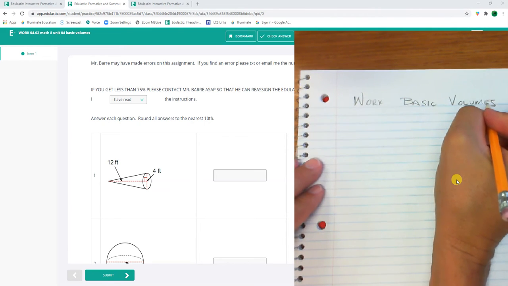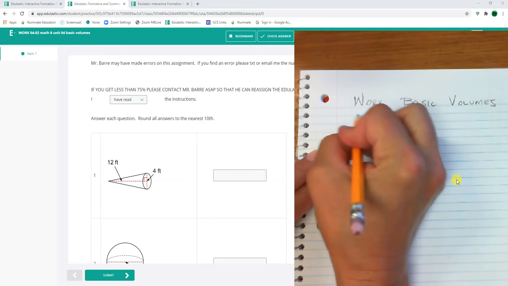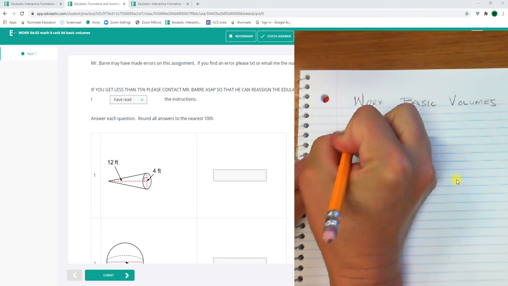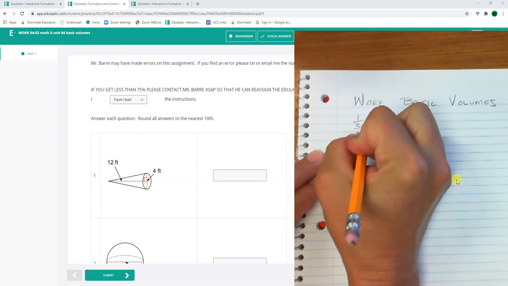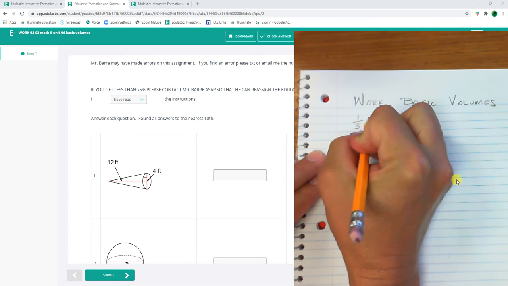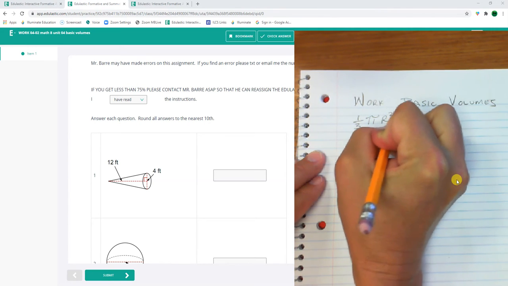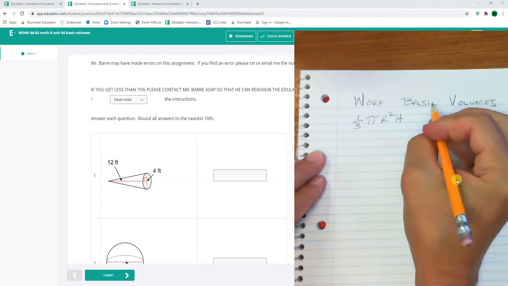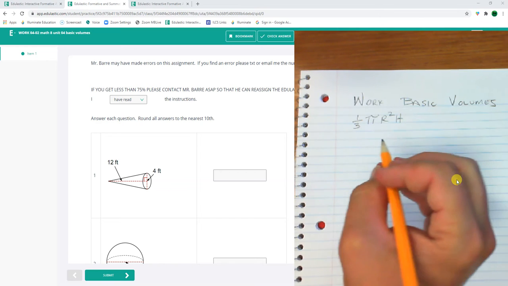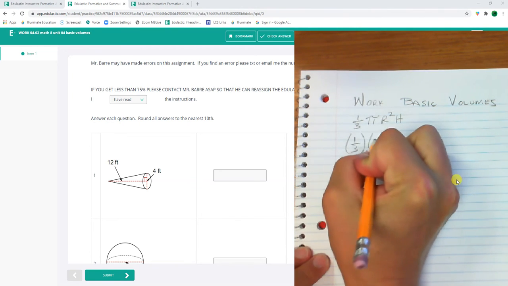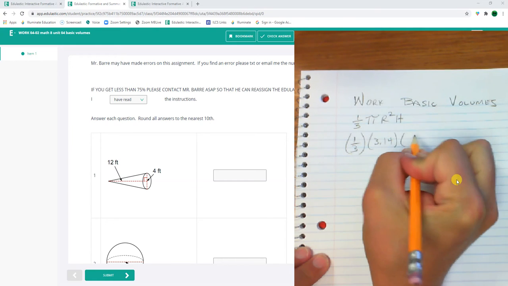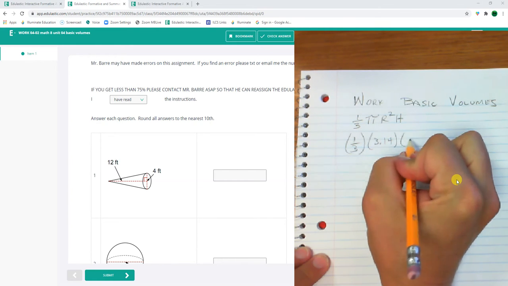Okay, number one. A cone. I know that a cone is 1/3 pi r squared times height. So 1/3 times 3.14 times the radius, which is 2.